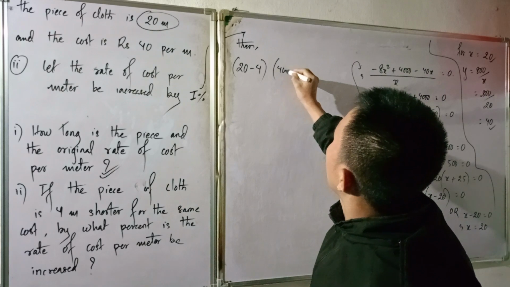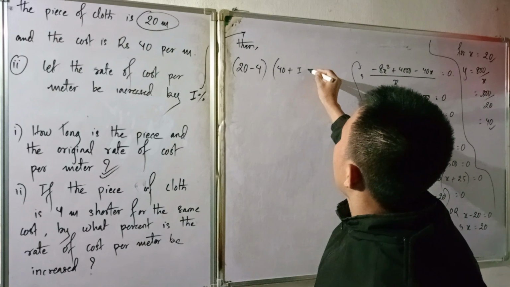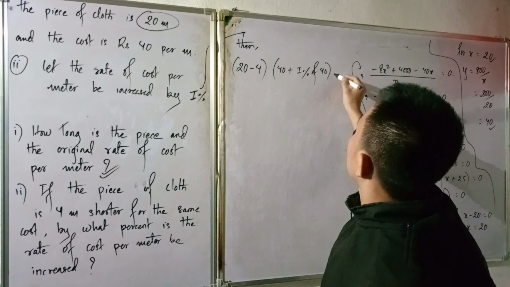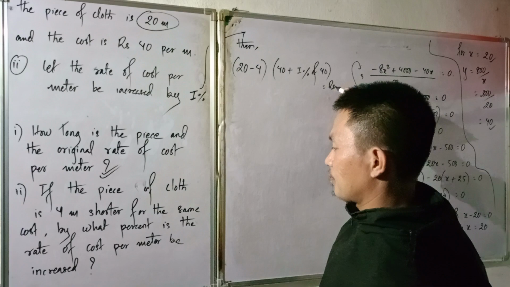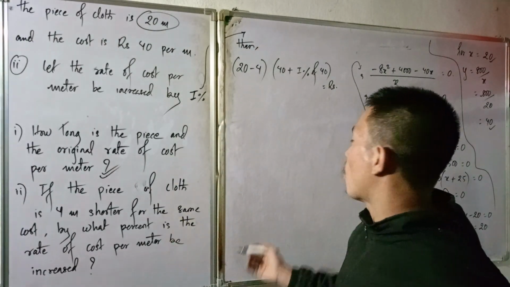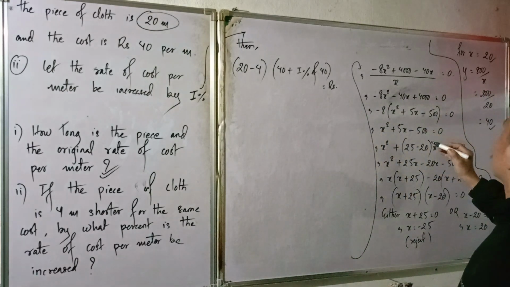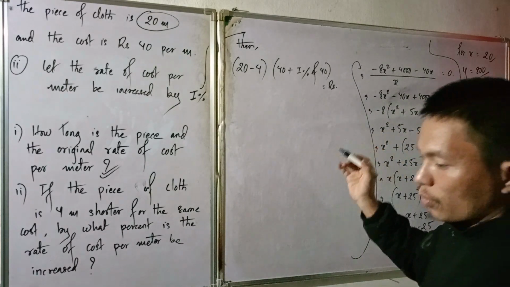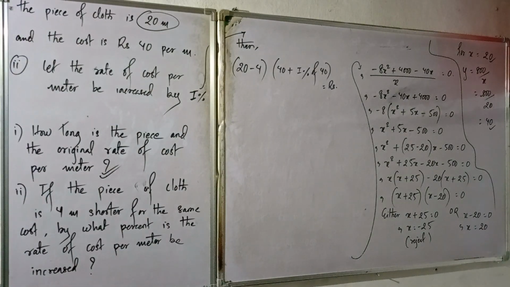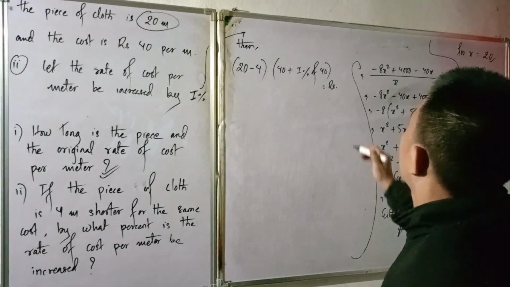That means 40 plus I% of 40 is equal to rupees, with the same cost. What was the cost actually? 800, I think. Yes, 800.